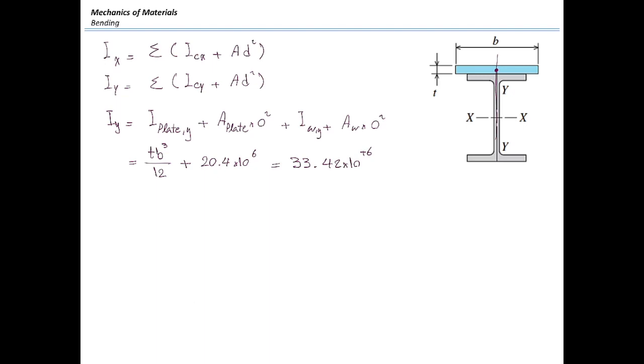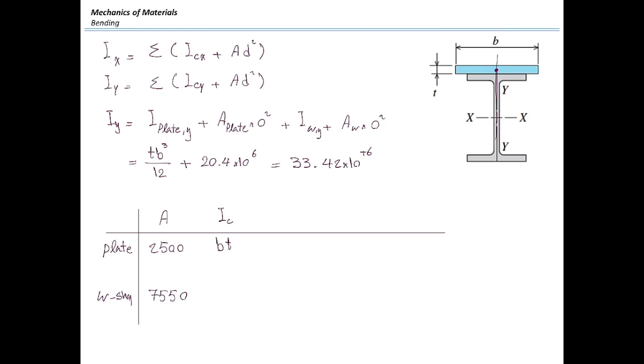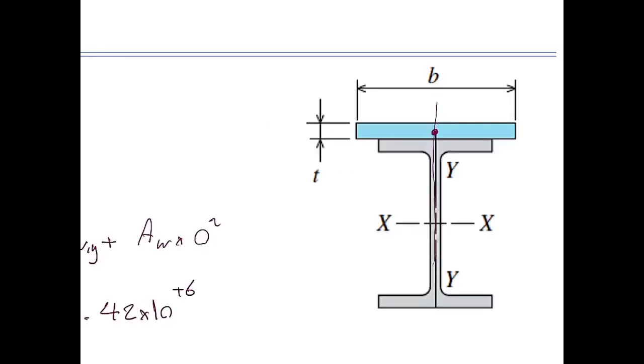For the moment of inertia about the x-axis, it would be better for us to form a table. We need to write down the area. Let me first write down I about the centroid, b t cubed over 12. And the moment of inertia about the centroid for the W shape can be read from the table, that is 60.8 million. But what is the d value? D is the distance of the centroid of the section to the centroid of each subsection.